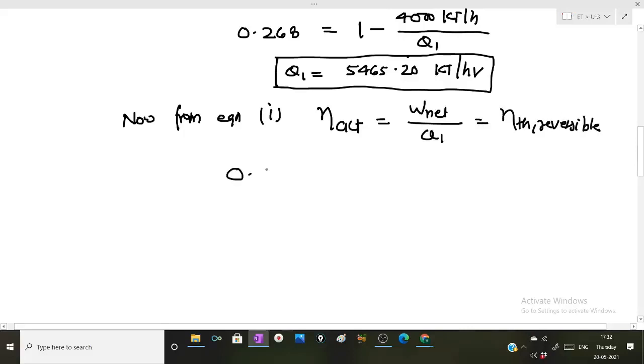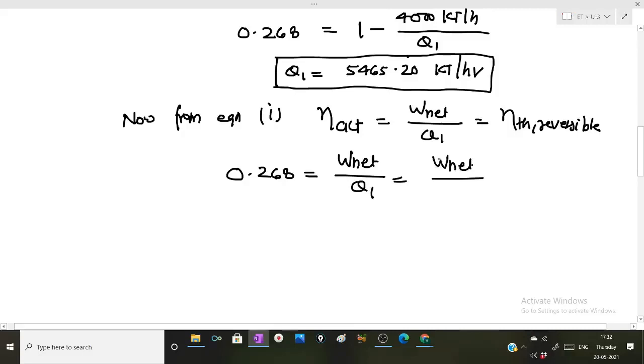So 0.268 is equal to W net over Q1. And what is the value of Q1?